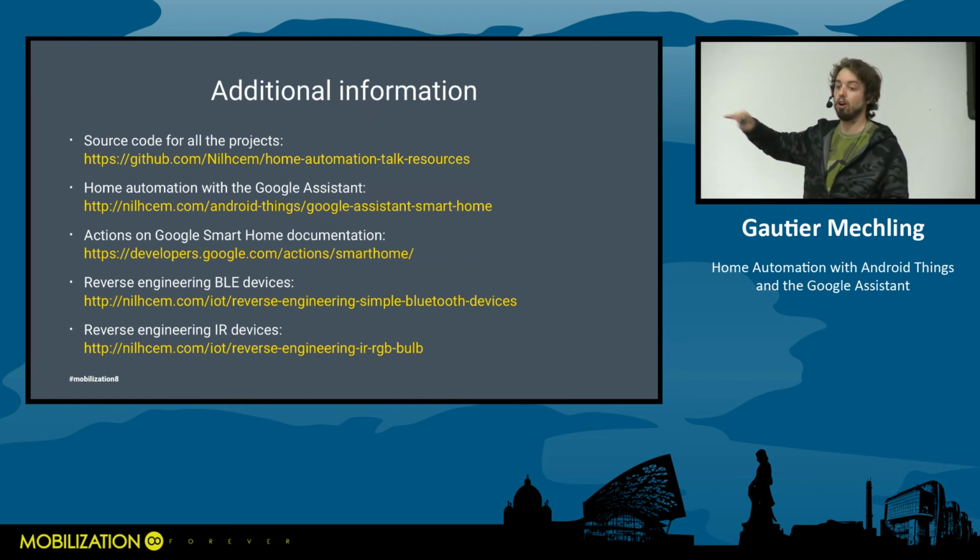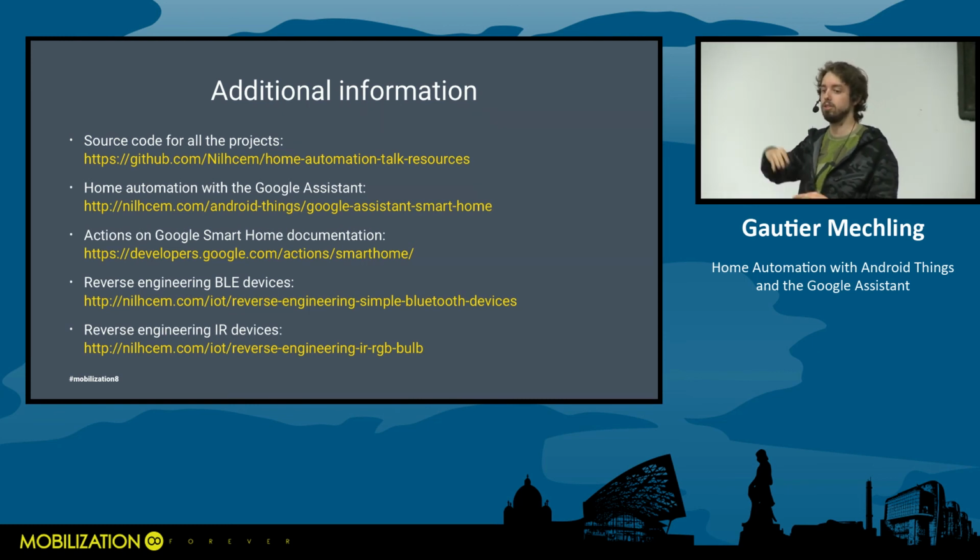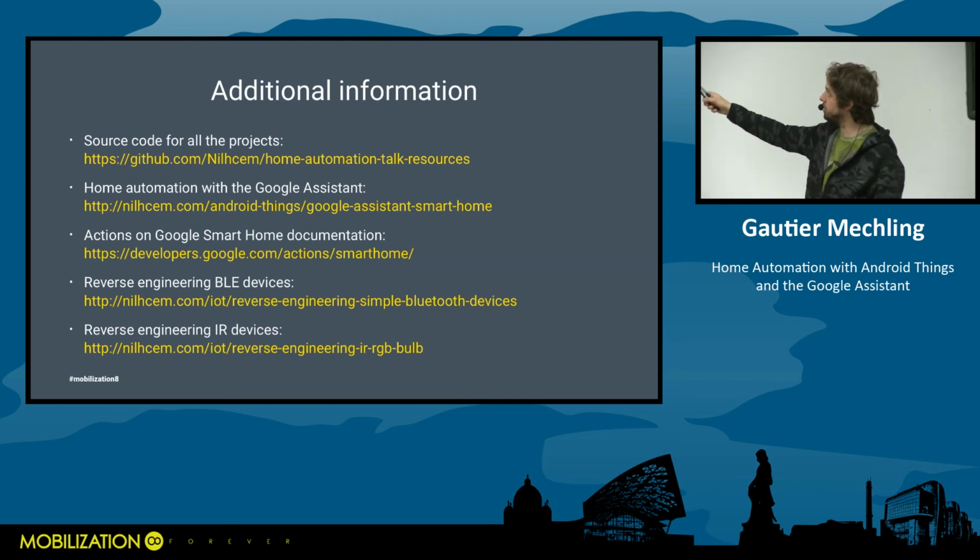So the source code of all the projects you saw today, including the PCAP Wireshark file, everything is committed here. So if you're curious and just want to know how the Cloud Function was created or how the Arduino code was created, you just have to clone this repo and you will have the project of everything you saw today.